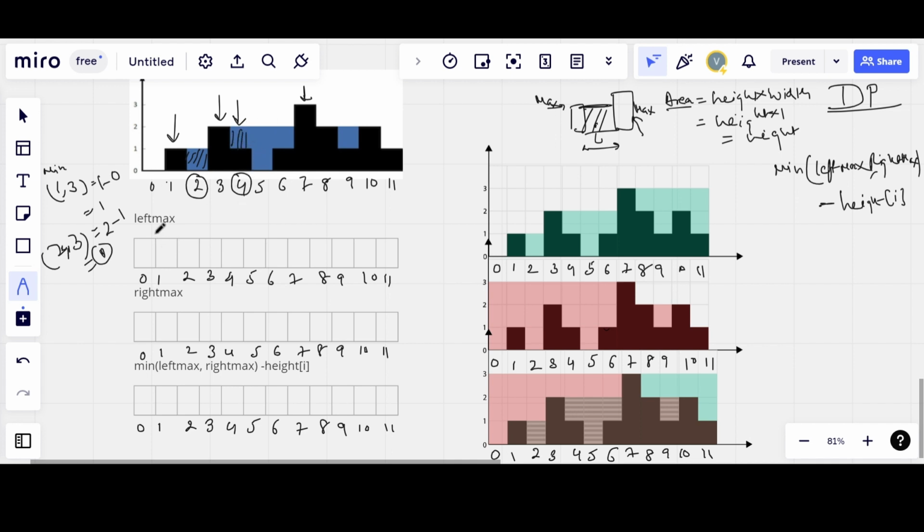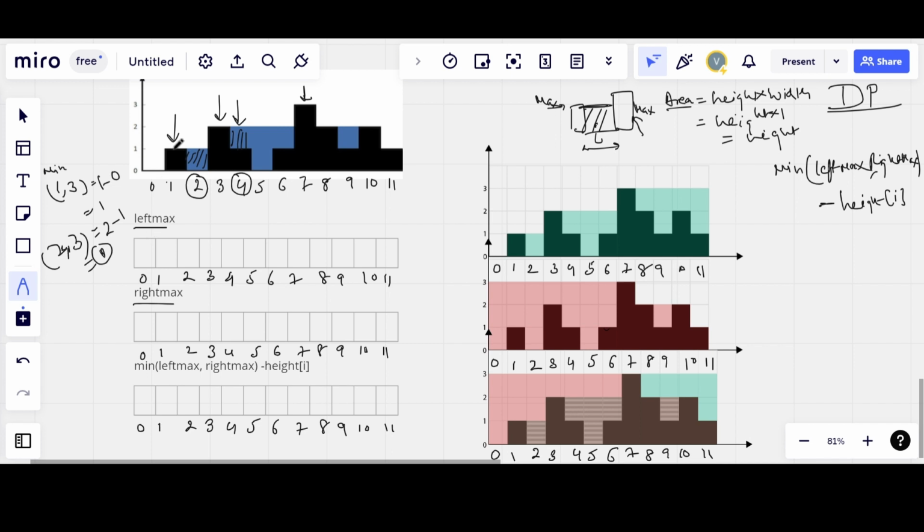So likewise we will maintain a left max and a right max array for each index, and we will store the maximum height of the bar from index 0 including the current index, and similarly the right max for the current index including the current index.